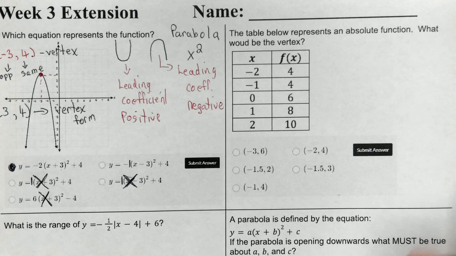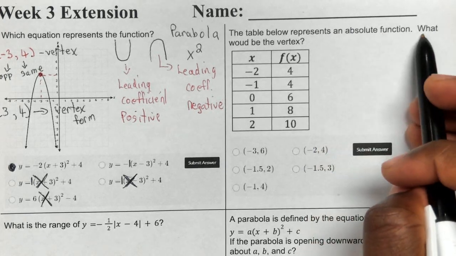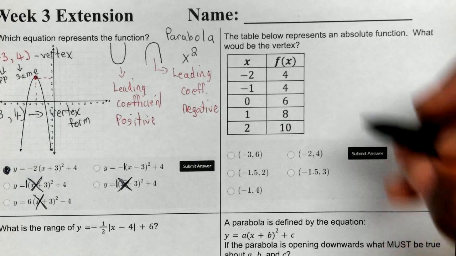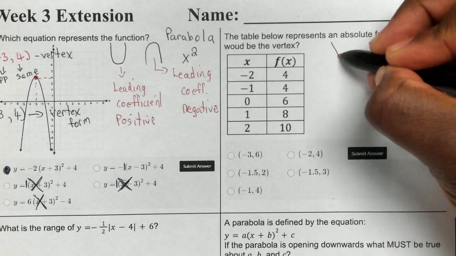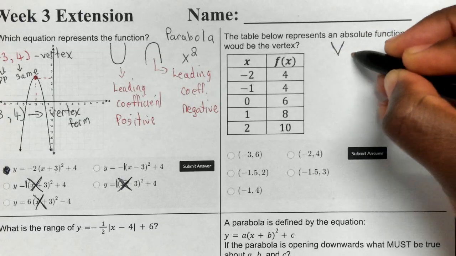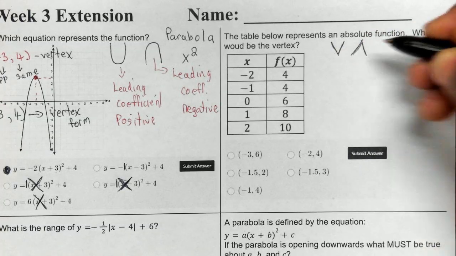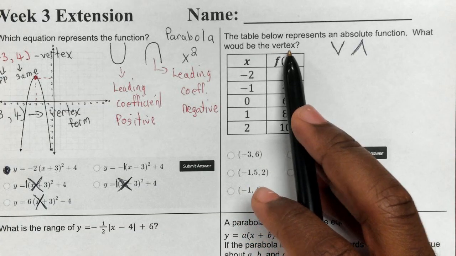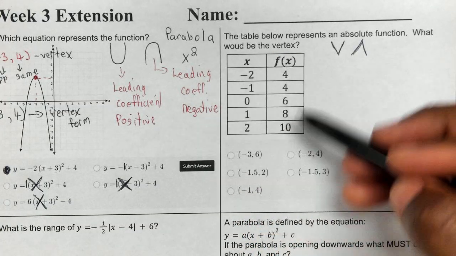The next one says, the table below represents an absolute value function. How does an absolute value function look? An absolute value function is either a V shape or an upside down V shape. It says, what would be the vertex? So we're trying to find the vertex using the table.